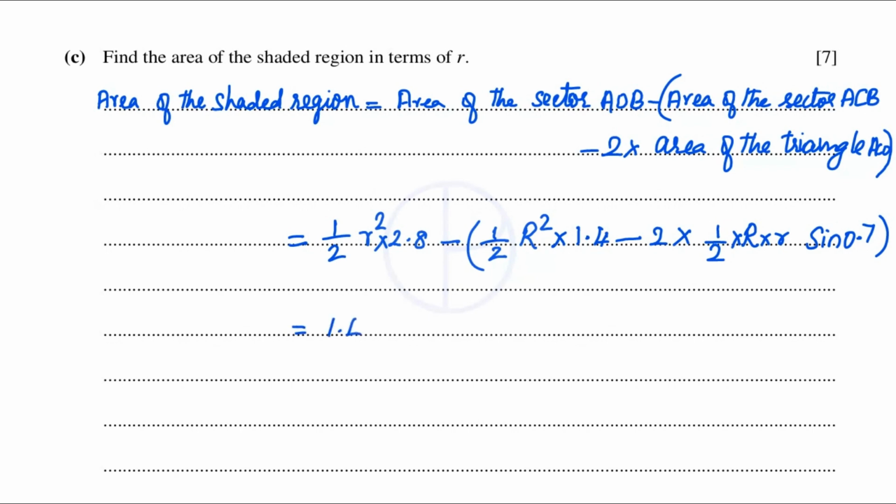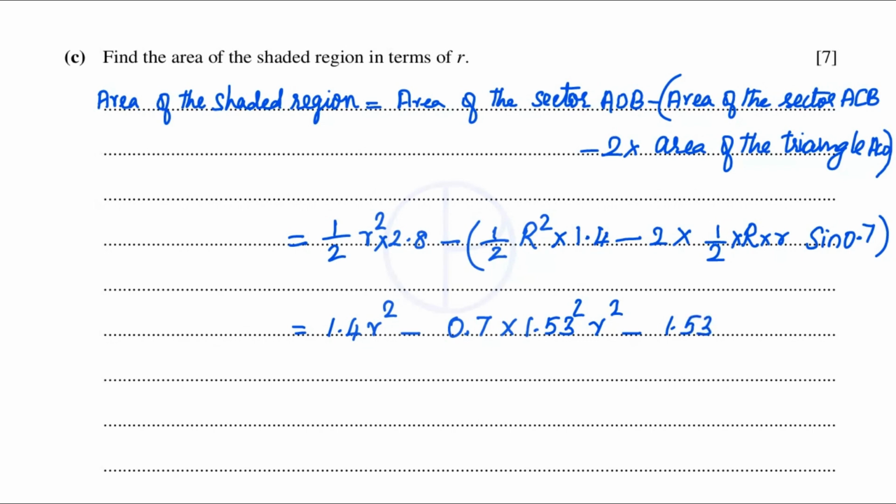So this is 1.4 r squared minus 0.7 multiplied by, for capital R let's substitute R equal to 1.53r, so 1.53 squared r squared, and the 2 and 2 cancel.